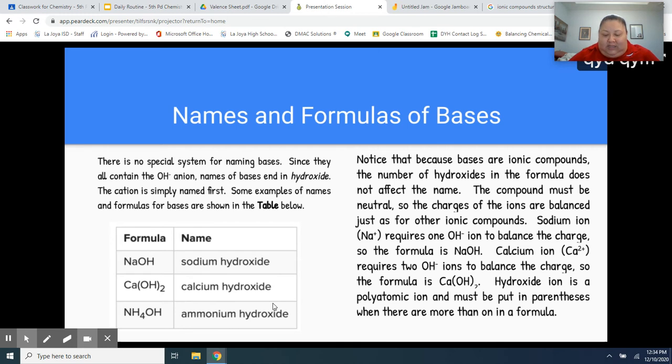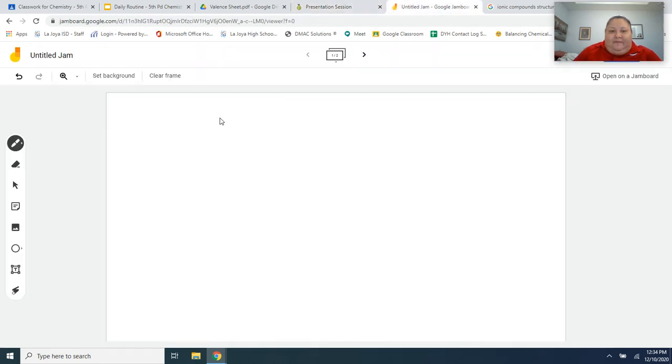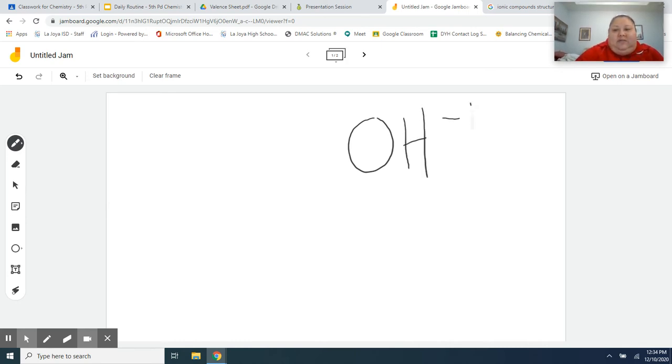Sodium hydroxide starts off with Na+1. So if I go into Jamboard and I put in there, well, first I need to put in the fact that I have hydroxide, right? Hydroxide is always OH with a -1 charge. They're telling me for the first example, you had Na with a +1 charge.